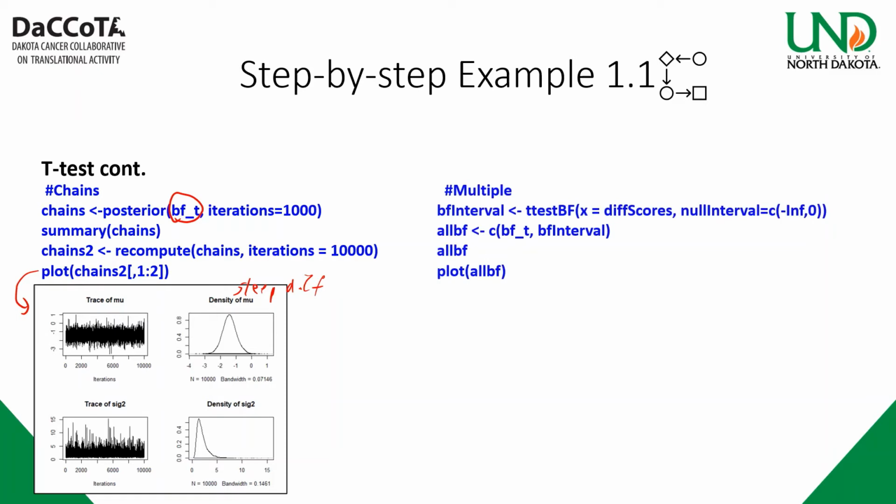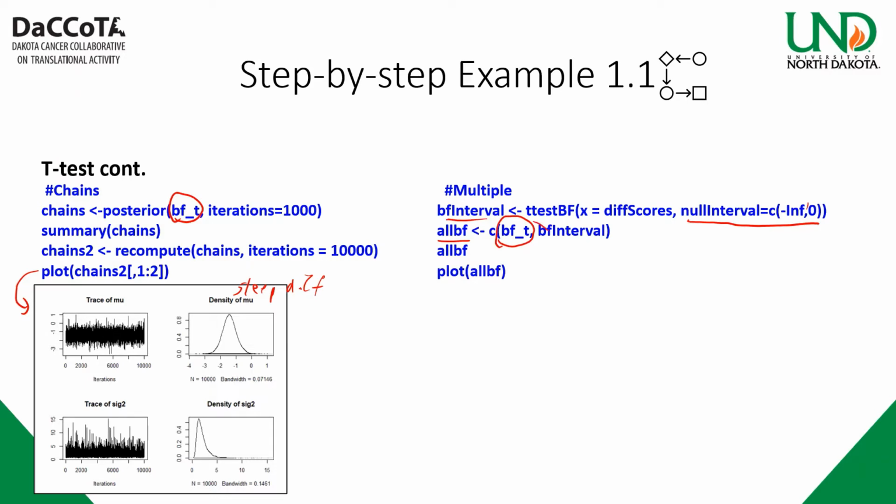Now, another thing we can do in Bayes is set an interval for multiple t-tests. Maybe we want to run another t-test with diff scores, as an analog of one-sided or two-sided t-tests. We can set that up so we change our interval to look at just one side, from negative infinity to 0, so we don't look at higher than that. Then we create a new object called all, with our original one, which had our null and alternative, and then our interval one.